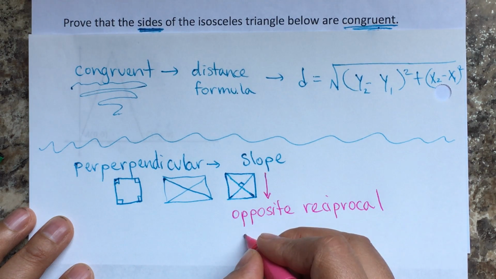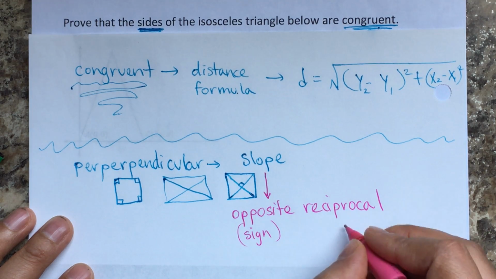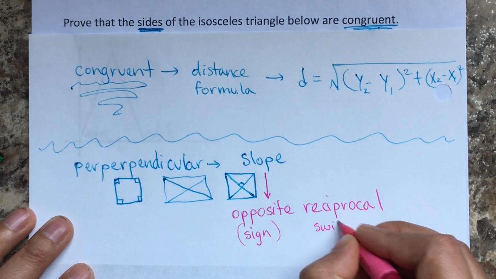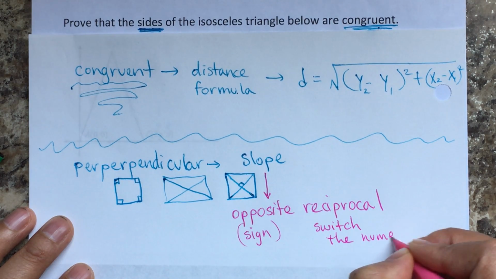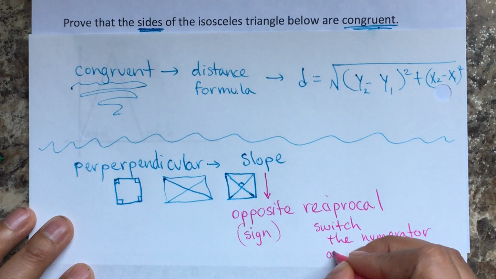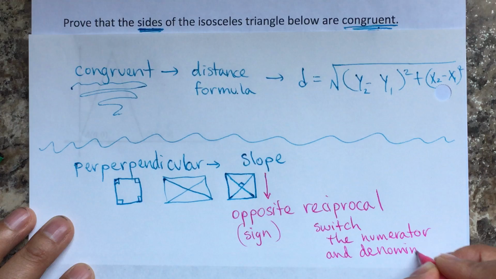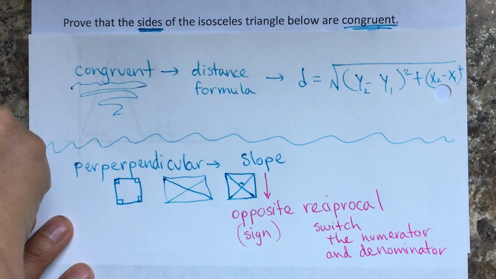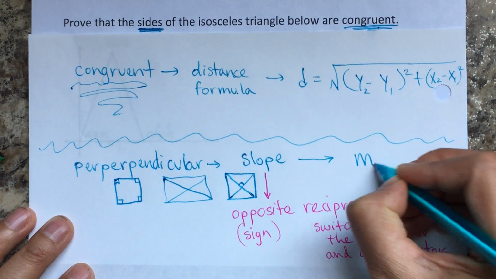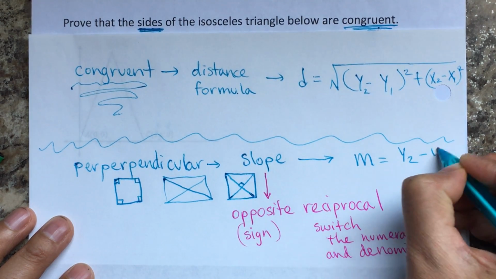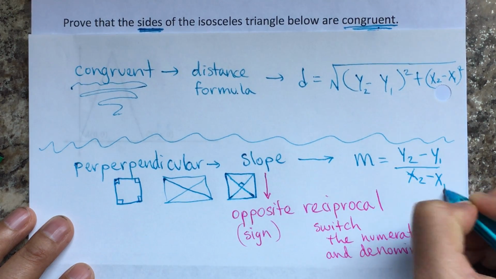Opposite means the opposite sign, and reciprocal means switch: you switch the numerator and denominator. The formula for this will be m equals y2 minus y1 over x2 minus x1.